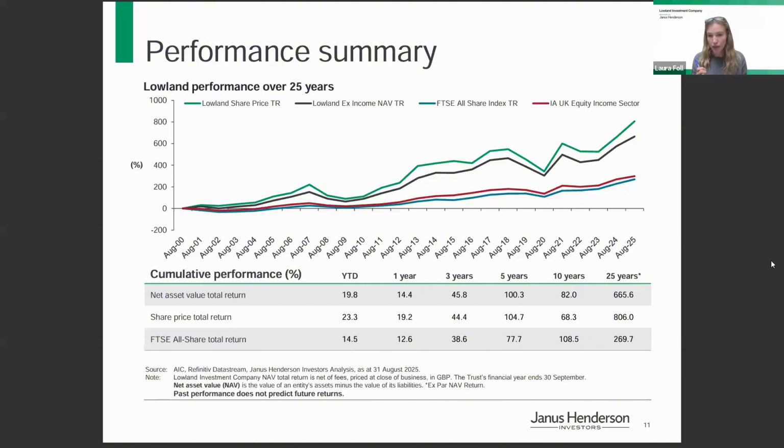Of all the portfolios that I manage, Lowland does tend to be the most exposed to takeovers, and I'll very briefly try and explain why. It's because we're looking for small and medium-sized companies that are paying a dividend and are therefore quite established and cash generative. That creates a pool that we're looking in, and in a way we're thinking about those companies in a similar way to private equity.